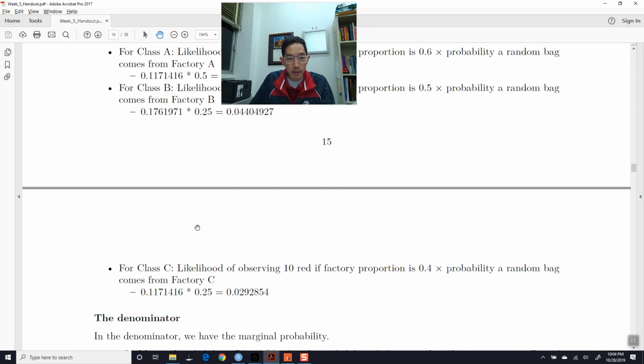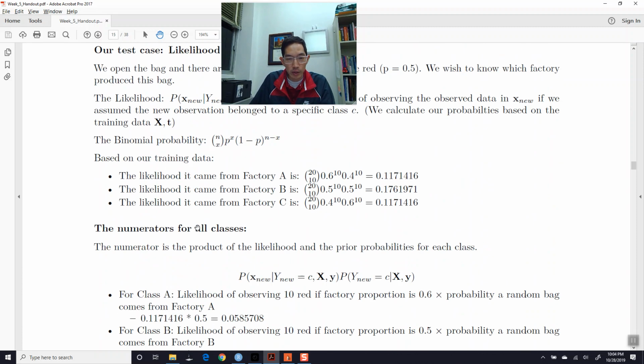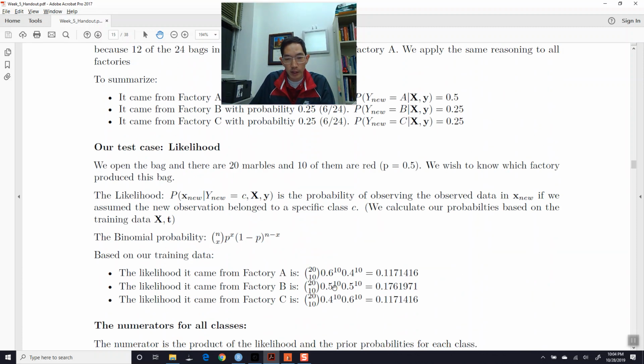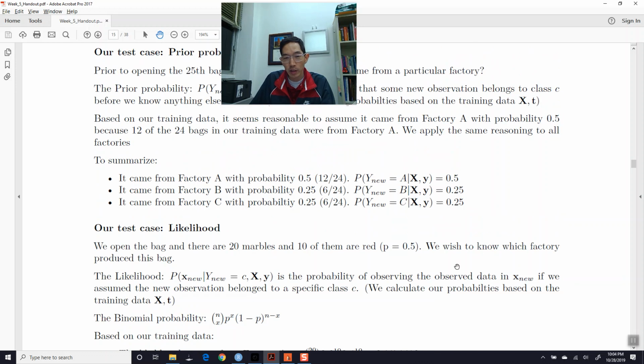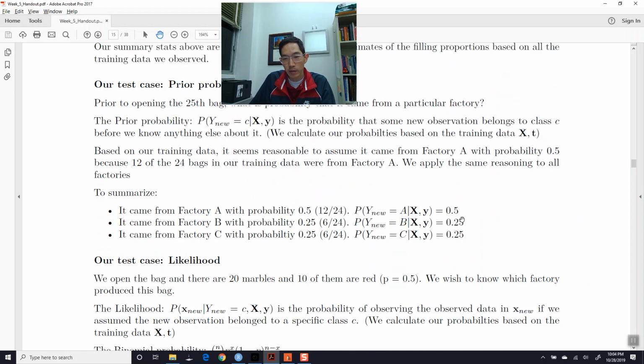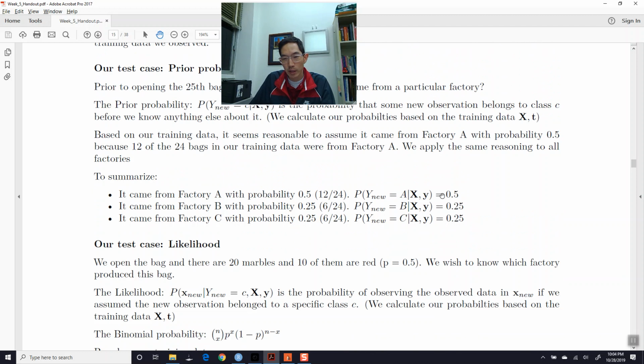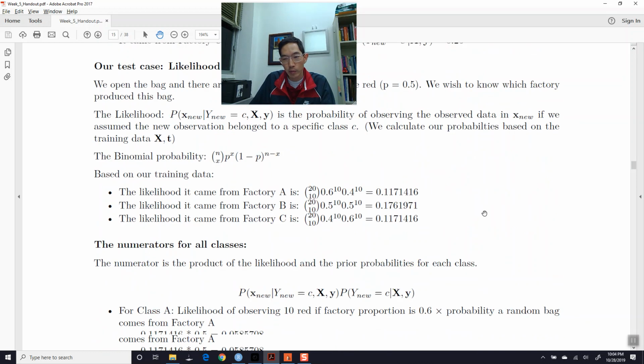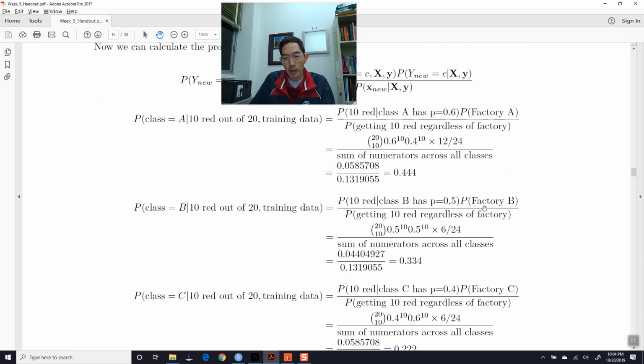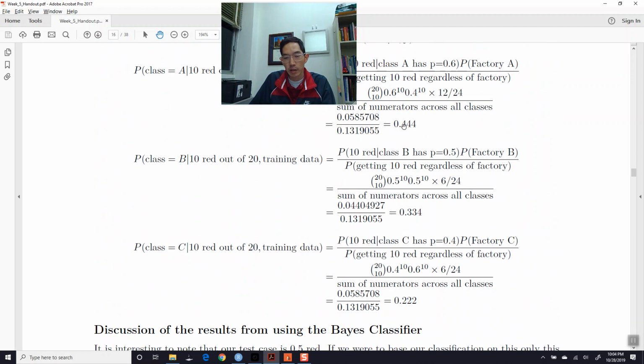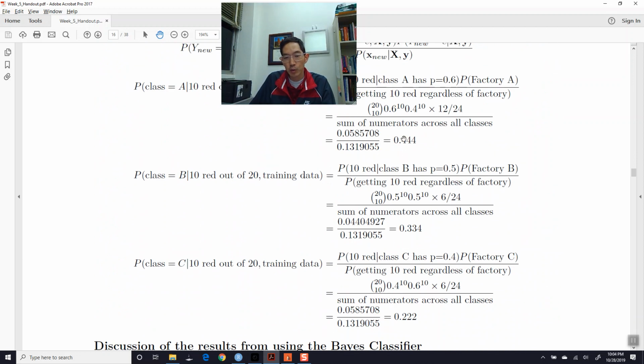And again, what we're doing is balancing out the likelihood of our data. The likelihood says factory B is most likely, and we're balancing that with the prior probabilities that said factory A was most likely. And so when you combine them all, it turns out that factory A is still the most probable with around 0.44, okay, and factory B is the next most probable at 0.33.